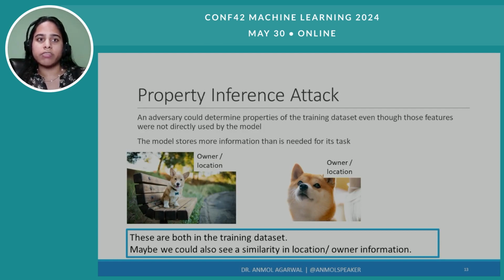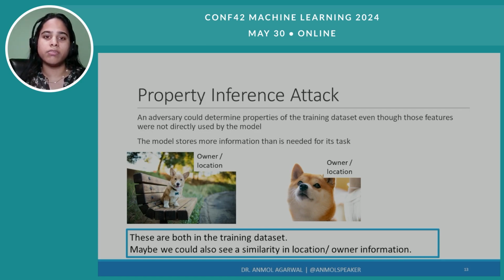Now, the next kind of adversarial machine learning attack we'll talk about today is the property inference attack. So the property inference attack is when an adversary determines properties of the training data set, even though those features were not directly used by the model. So usually this occurs because the model is storing more information than it needs to.